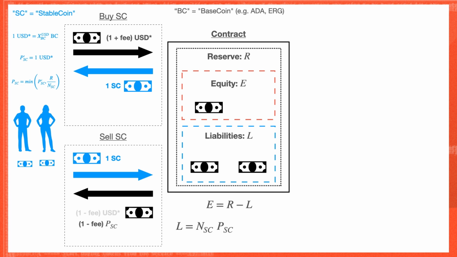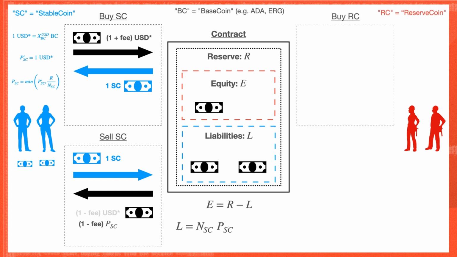So to improve on the situation, we have a second type of users, and these users would be incentivized to provide more equity to the contract, so that even if the price of the base coin falls, there will still be enough reserves to cover all the liabilities to the stablecoin holders, so that they can get $1 for their stable coins.